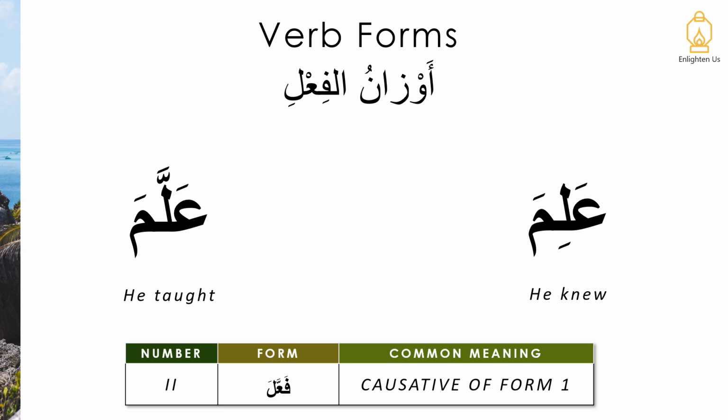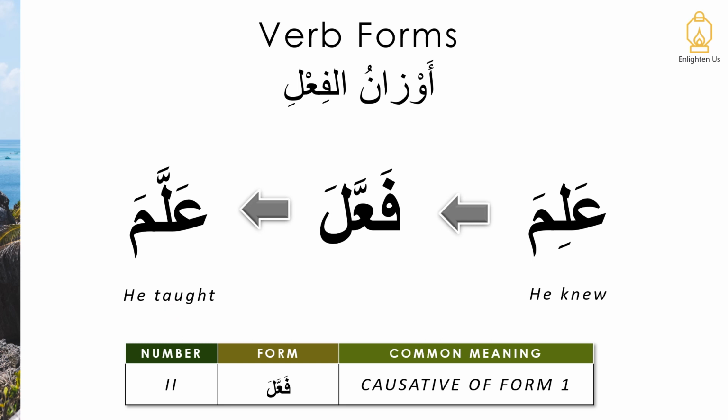If you remember, we saw alima with the meaning, he knew. Now, if you use form 2, so we use fa''ala as our template, we end up with allama. So initially he held knowledge, we put it through fa''ala, he passed knowledge on, he taught.